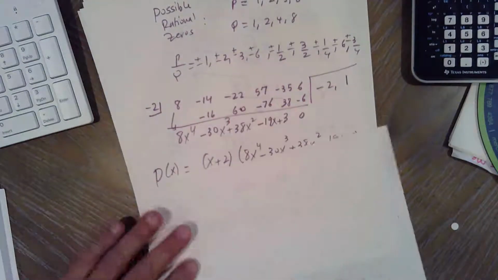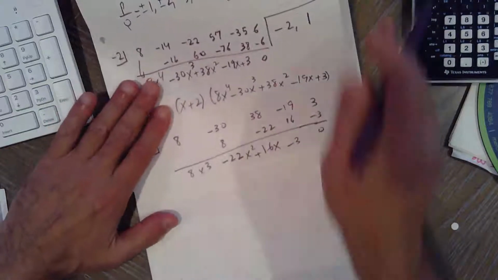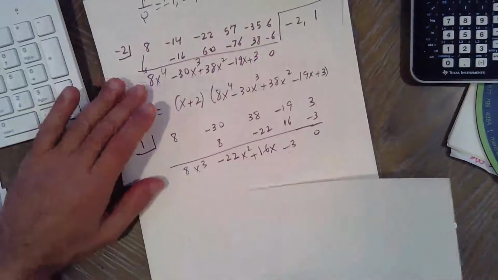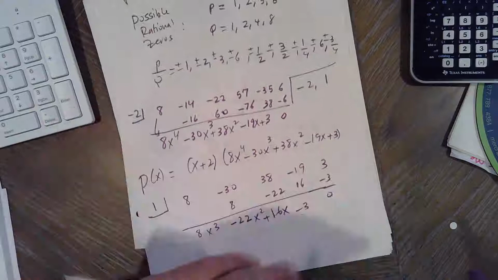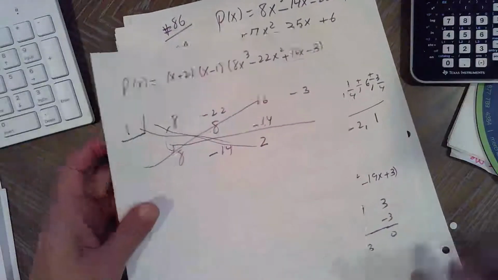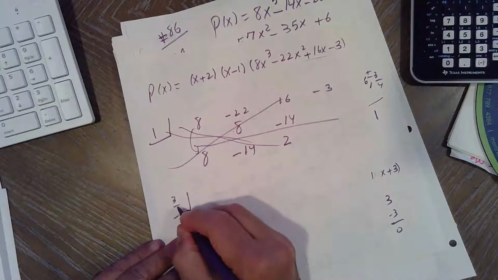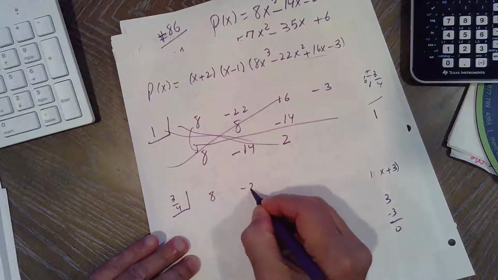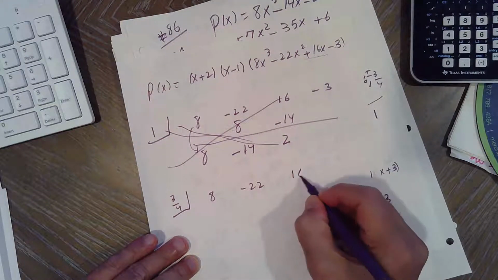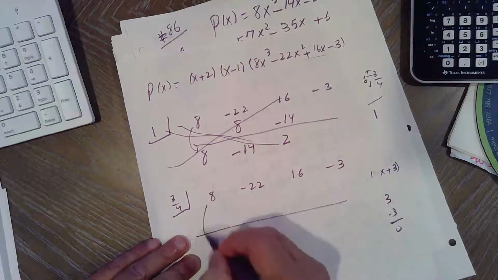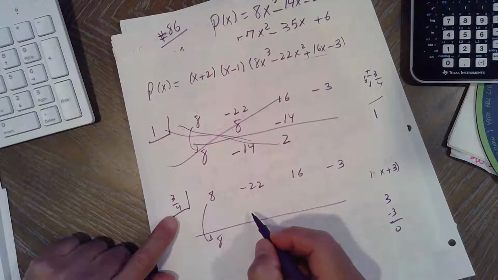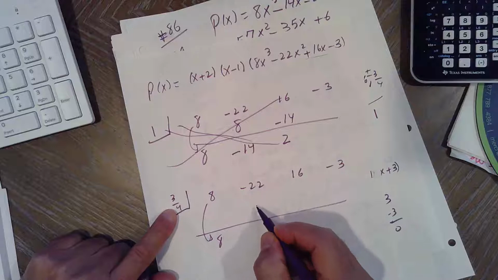So we're going to try 3 over 4 on the cubic. So we get 8, negative 22, 16, negative 3. Drop the 8. 8 times 3 over 4 is 6.